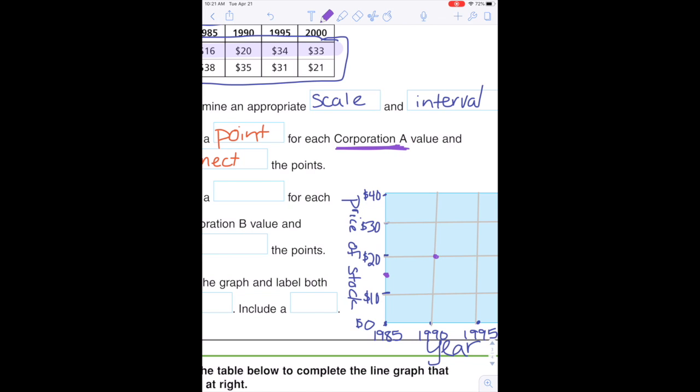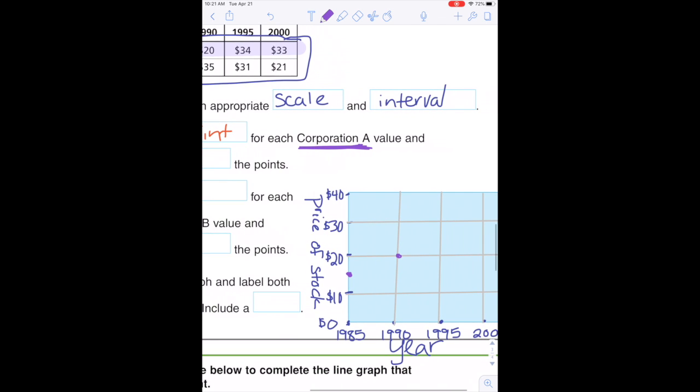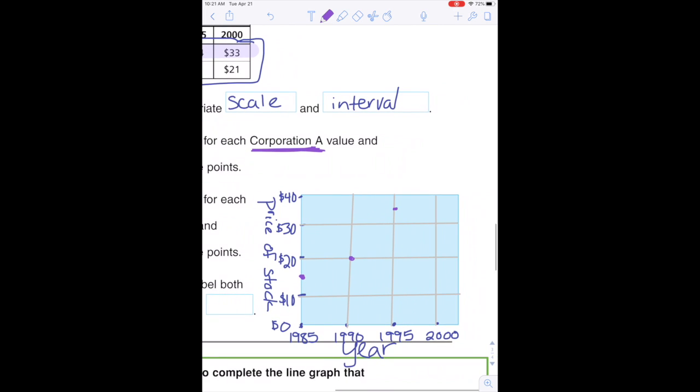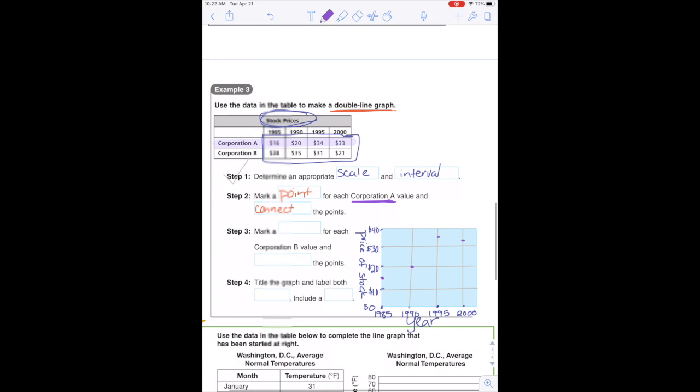In 1995, they were at 34, so right about midway between. In 2000, they went down a little, 33. All right, we graphed all the points for corporation A.